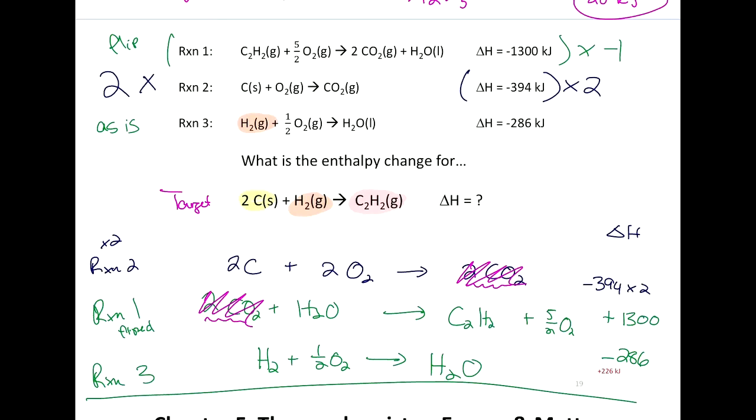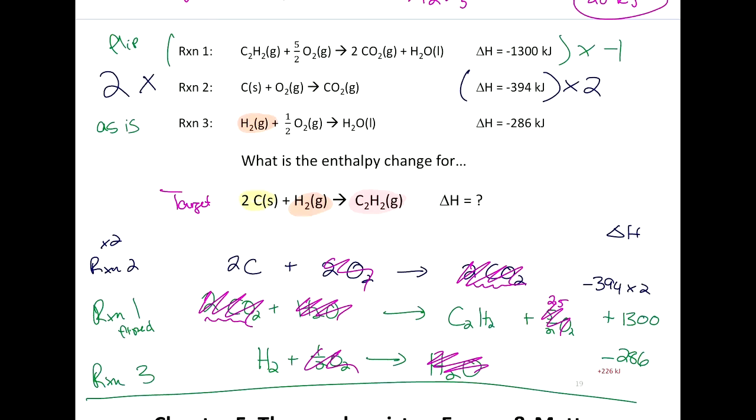What else cancels? H2O, yay. And then what else cancels? Some of the oxygens? Or all of the oxygens, right? Yeah, so 5/2 is equal to what? 2.5. And then this is 2 oxygens and half an oxygen. So there's a total of 2.5 oxygens here. Yep. So all of the oxygens cancel out too.